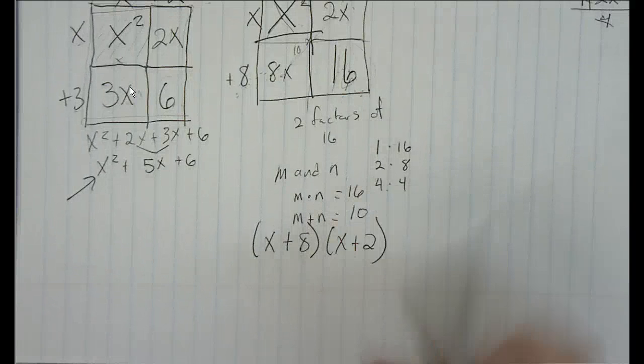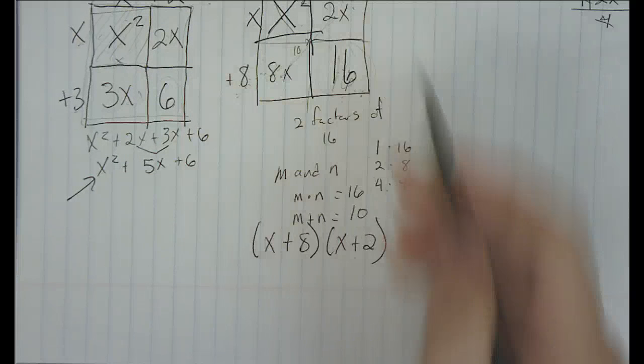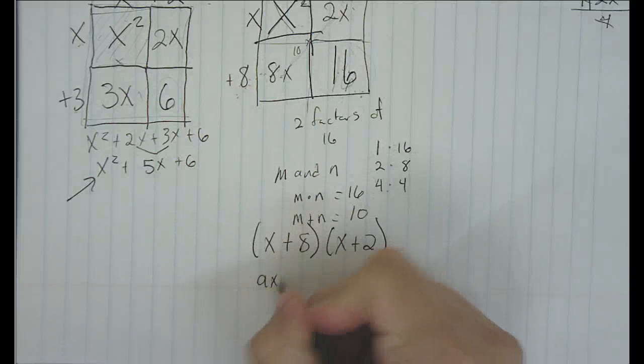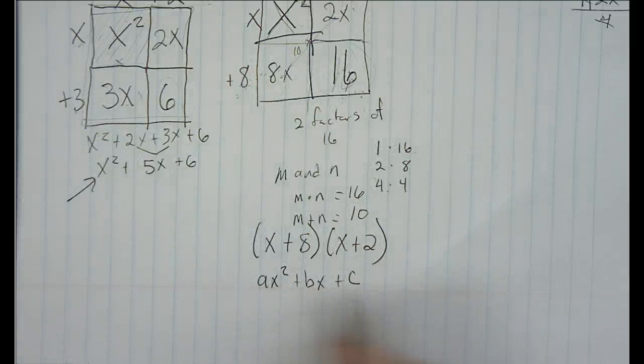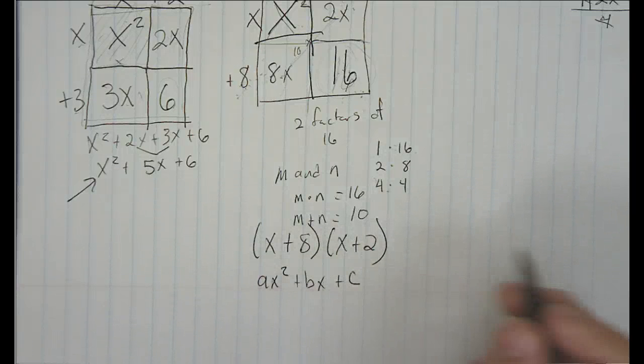Okay, so they often call this model here, instead of x squared plus 10x plus 16, ax squared plus bx plus c. And to factor it, we're looking for terms, right? Here it goes again.